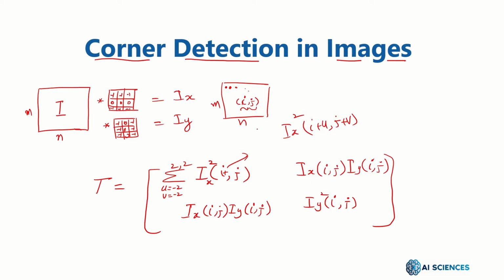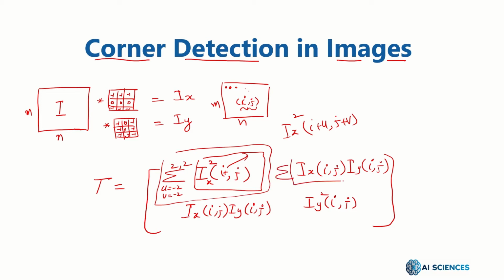We pick this entry and its neighboring entries and add them up, and that will eventually be one number. Similarly we do the same with the other entries, and that gives one structure tensor, one matrix, for this particular pixel. We want to generate these matrices for every pixel. Considering again the i, j pixel, let me call this matrix Tij.